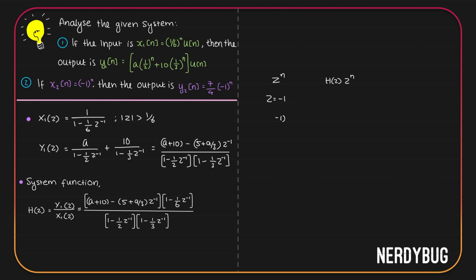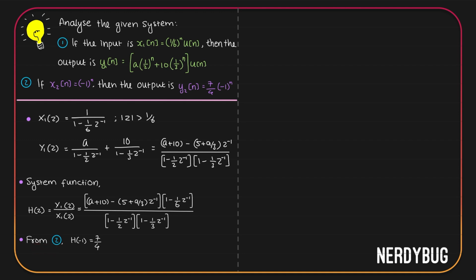Then, if the input is minus 1 raised to n, then output should be h of minus 1 multiplied by minus 1 raised to n. Compare it with what we have here. Our input is minus 1 raised to n. Our output is something multiplied by minus 1 raised to n. Something should be h of minus 1. So h of minus 1 is 7 by 4.